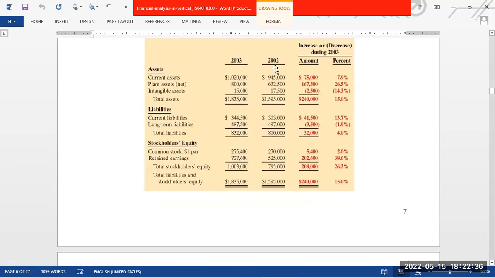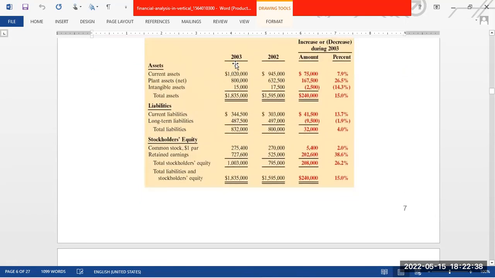So for this information, we have 2003 and 2002. For this case, this is the statement of balance sheet, or a balance sheet in simple terms. And you can see we have assets, liabilities, stockholders' equity, where in assets we have current assets, plant assets, intangible assets, which result in a total asset of 1.835 million.